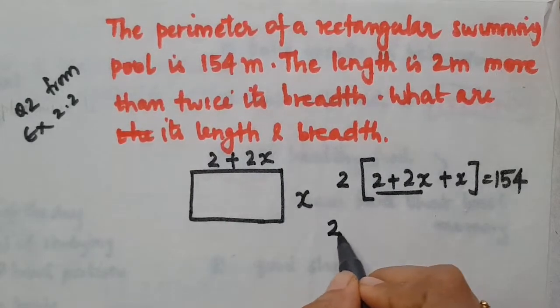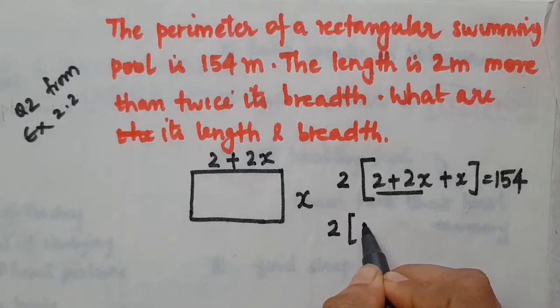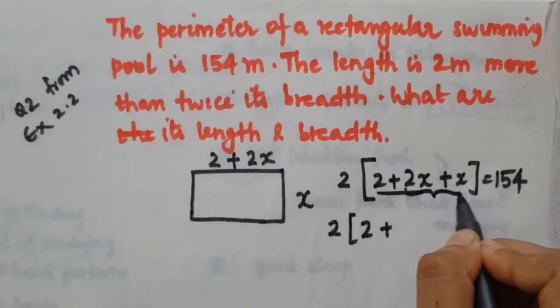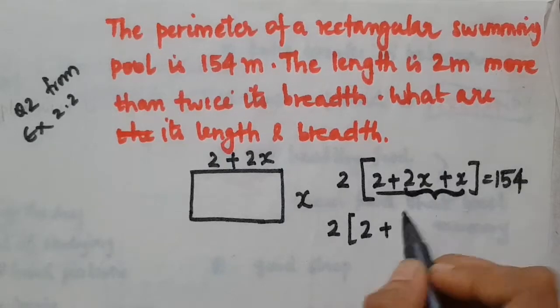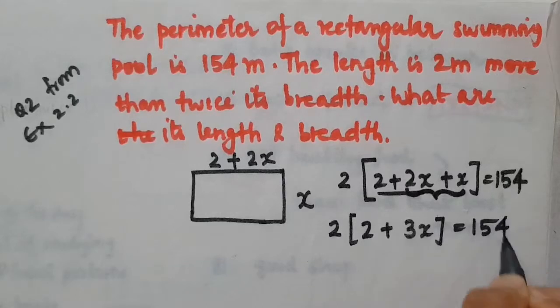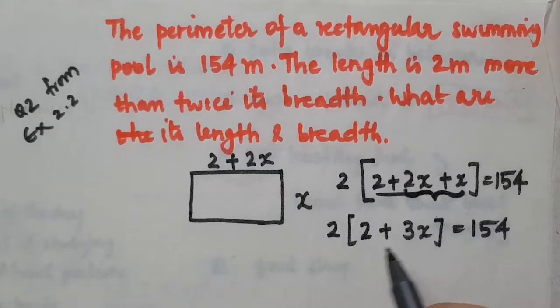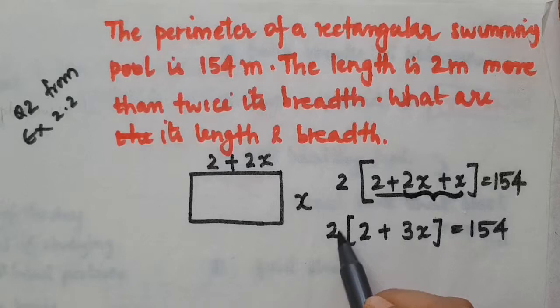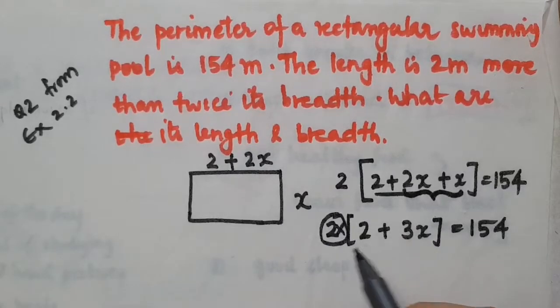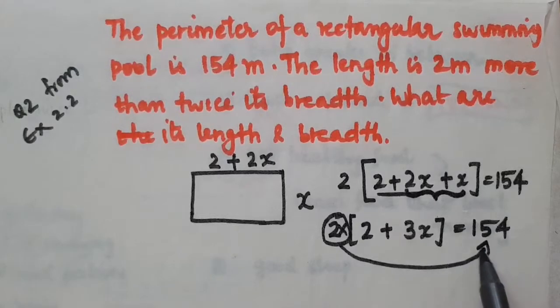So now solve this. 2 times (2 plus 2x plus x), we can make the x terms together. So 2x plus x is equal to 3x, and 2 times (2 plus 3x) is equal to 154. Okay. Now see, this is 2 times, right? So we can take this 2 times to the other side as divided by.